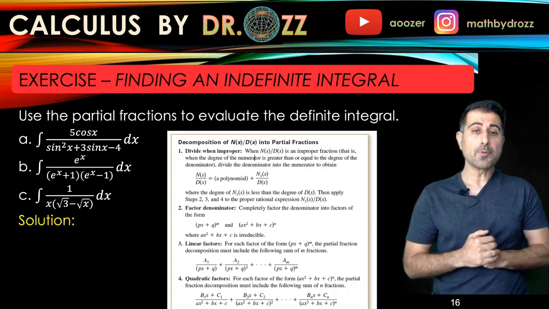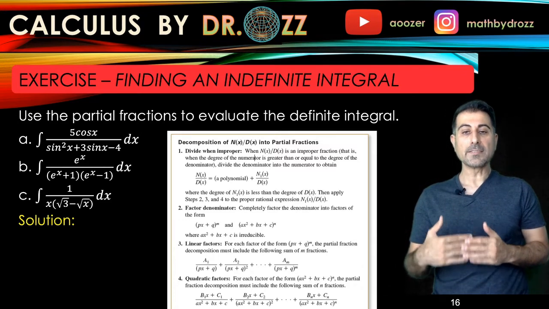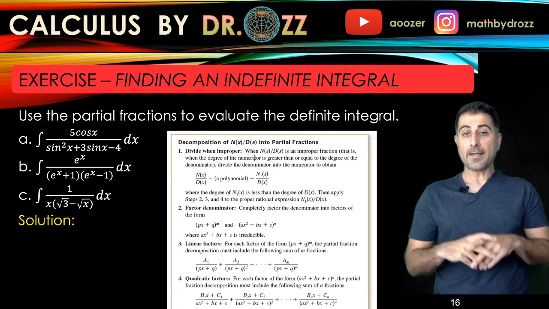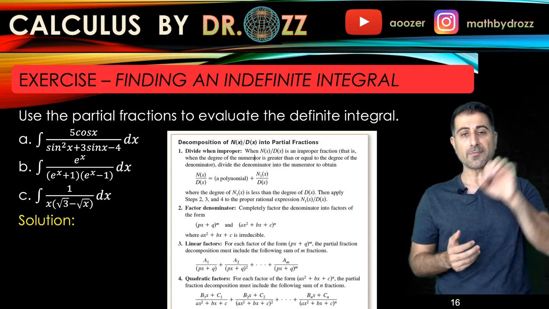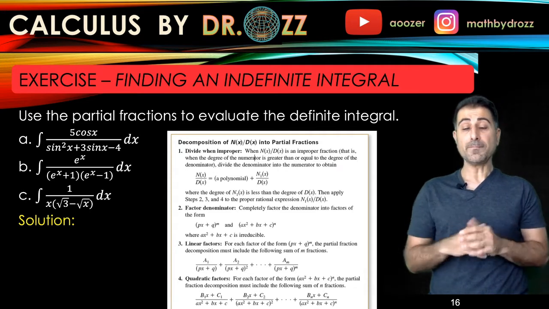And if it is proper, you're going to try to factor the top and the bottom, in fact the bottom mostly, as much as you can. And factoring also happens in the improper case, because you will have another fraction popping up after the long division, and you're going to factor the bottom of that as well.